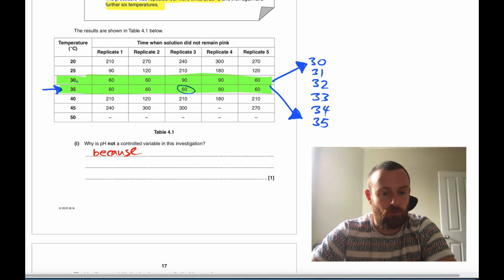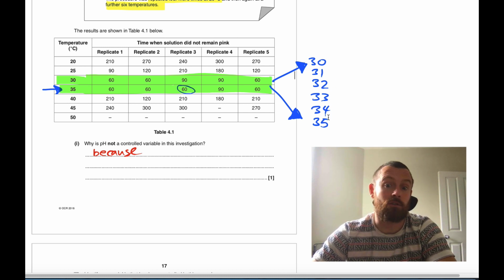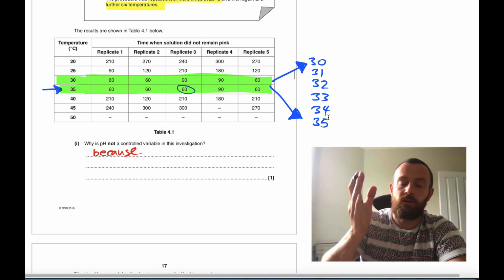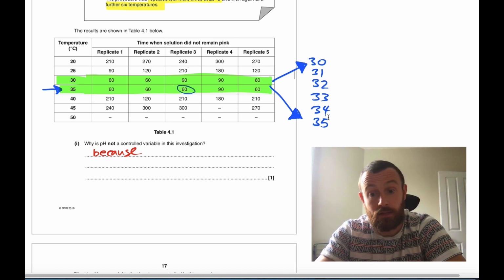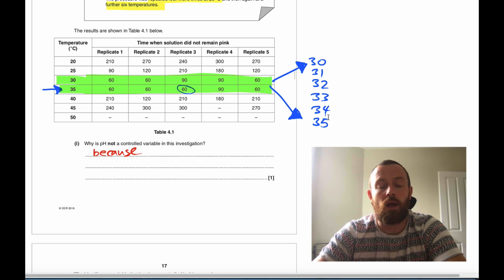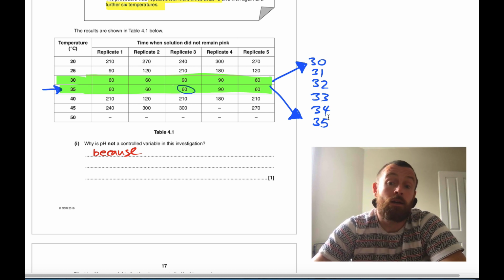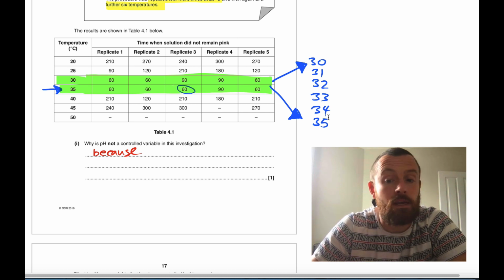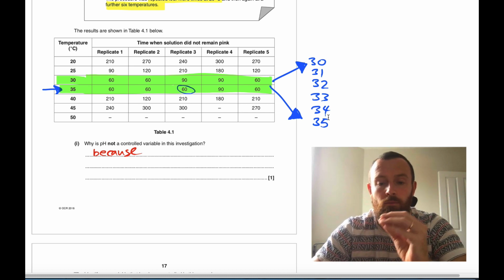So now the interval of temperature here is 5 degrees. The interval of temperature here is 1 degree. So if we repeated the experiment using 1 degree temperature changes between 30 and 35, then we could more accurately identify and say, oh look, the optimum temperature is exactly, let's say, 33, not 32, not 34, but 33.